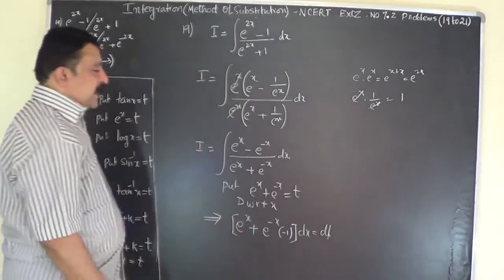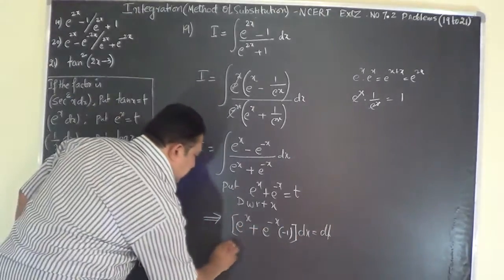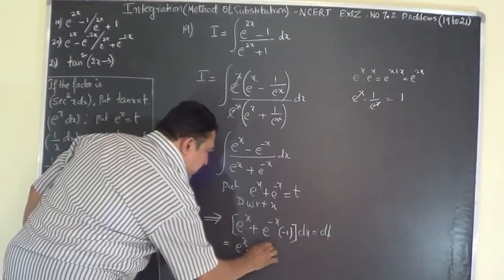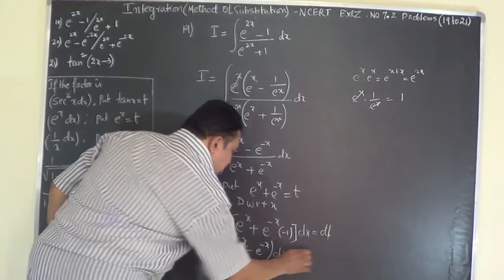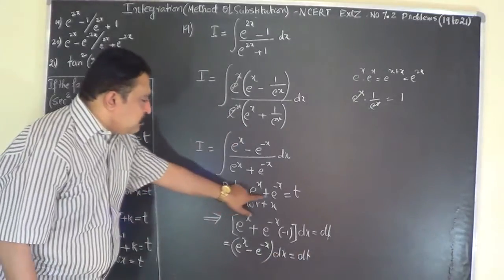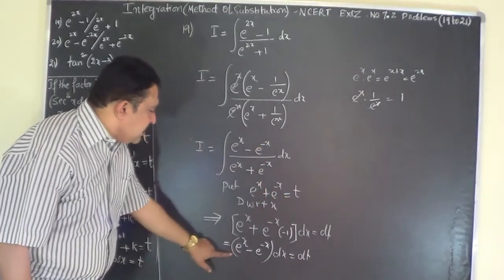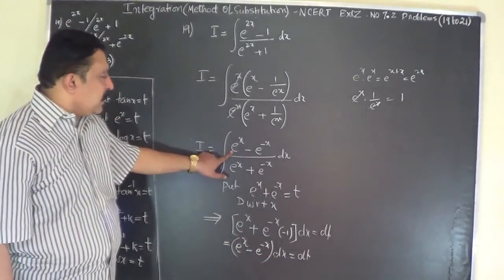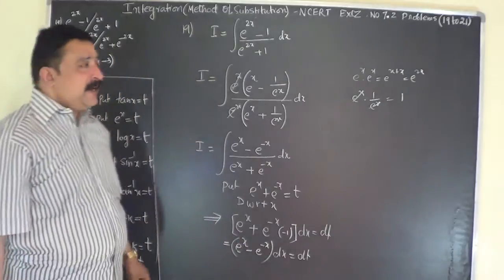Because if you differentiate t, you get dt by dx, that dx I have taken to this side. So this can be written as e to the power of x plus, into minus is minus, e to the power of minus x, into dx is dt. So if I put e to the power of x plus e to the power of minus x equals t, that is the denominator as t, then e to the power of x minus e to the power of minus x dx, which is the numerator, gets replaced by dt.